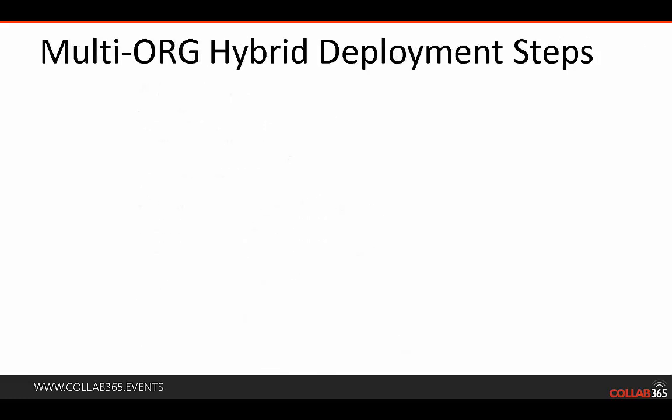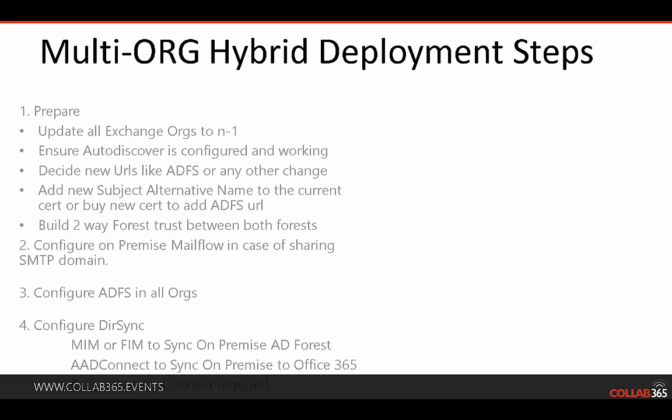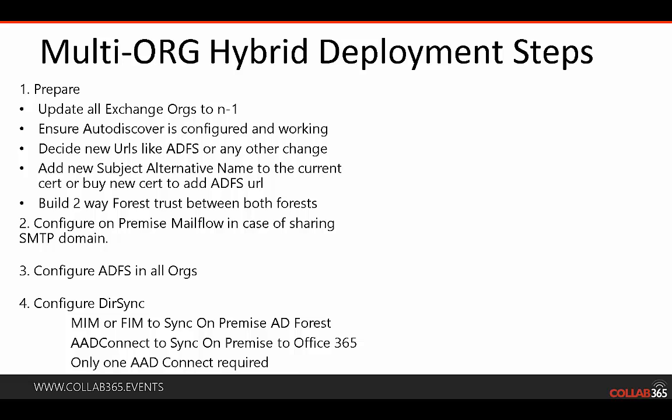All right, multi-forest, multi-org hybrid deployment steps. I would not say simple, but yeah, it's easy. Nothing is tough. First step, prepare. Update all Exchange orgs to the latest update, n-1, where n is the current.